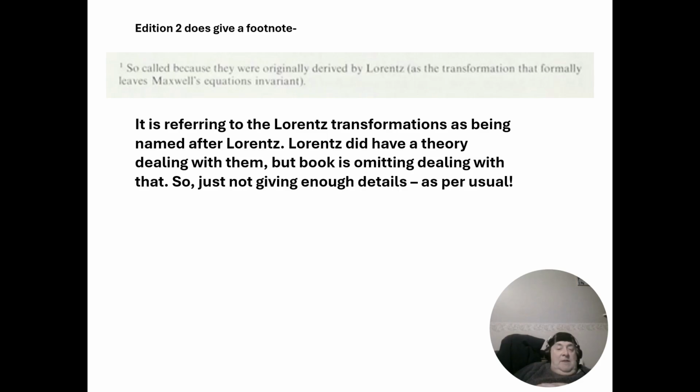And Lorentz did have a theory dealing with them, but the book is omitting dealing with what that is. So just not giving enough details, again, as per usual. You've got a theory from Lorentz, and he's using the Lorentz transformations, and we're not dealing with that, we're dealing with what Einstein is talking about when he deals with these Lorentz transformations.